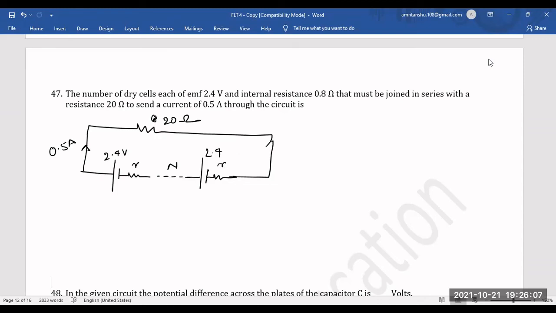So let's use Kirchhoff's law. For this loop, when we make the equation, it will be something like this. When we are moving from this point to this point, the equation would be 20 into 0.5, I into R. Current across this will be I into R. Now when I am moving here, this will be 0.5 into internal resistance.